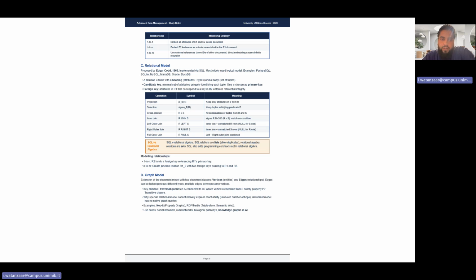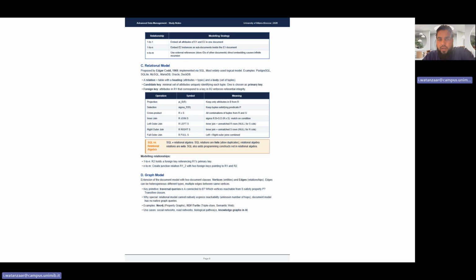It's really important. Through this foreign key we are referencing the other tables, when we want to join them. Attributes in R1 that correspond to a key in R2 enforce referential integrity. So we are also introducing referential integrity.